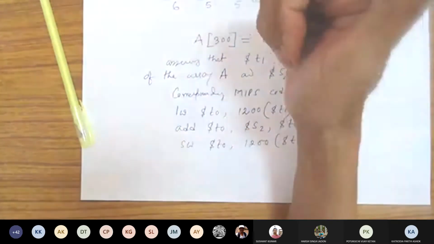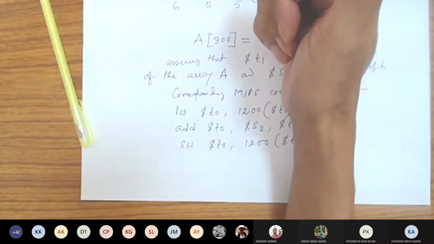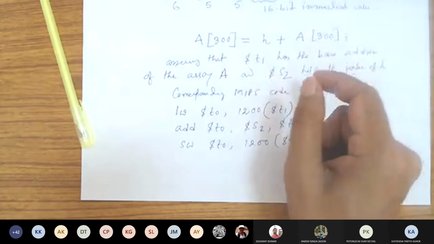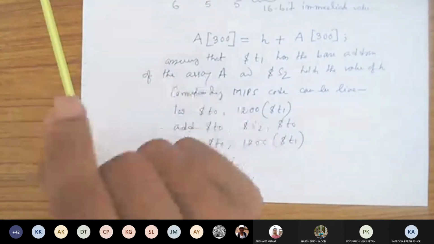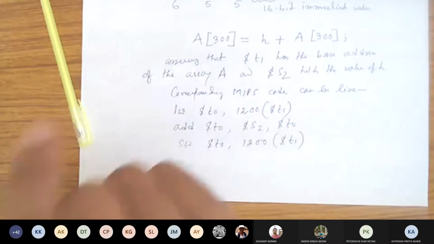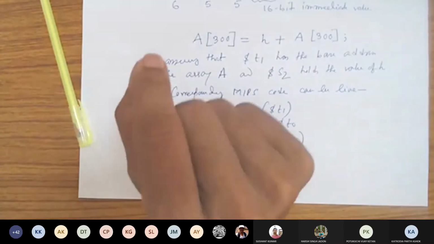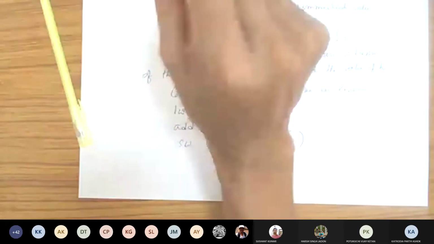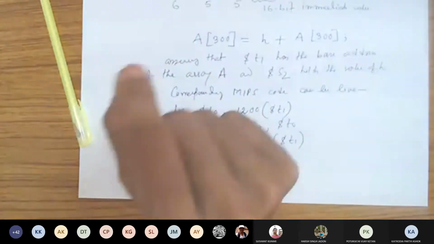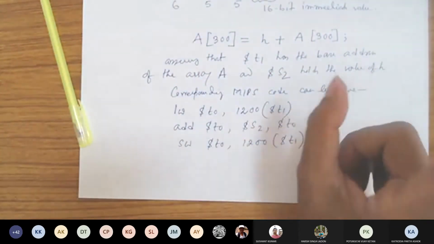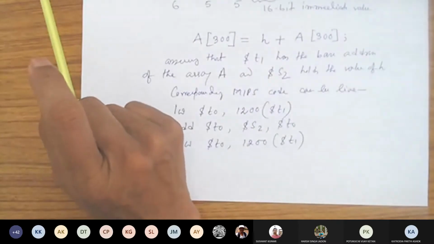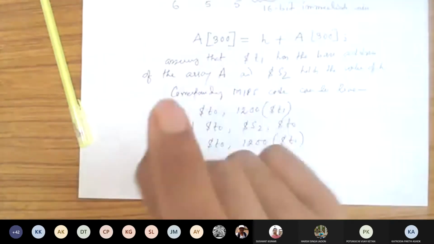Probably now you can correlate why the operating system is needed, because the compiler doesn't know the absolute address of the memory from where your program will be executed. Unless you know the absolute address, you cannot load the program counter with it. So that will be provided by the operating system.